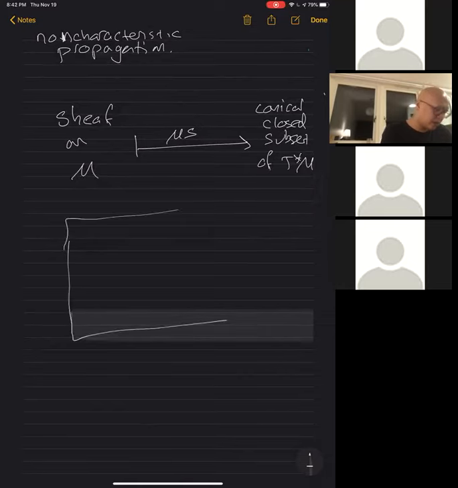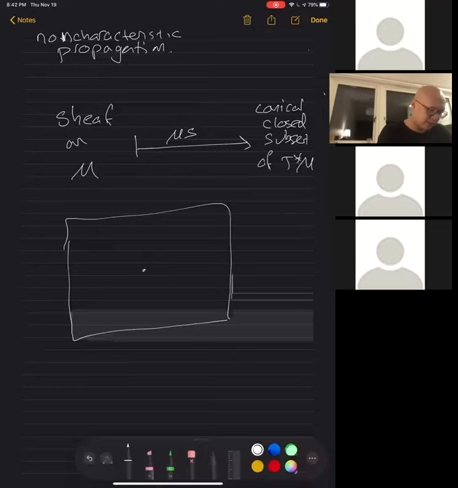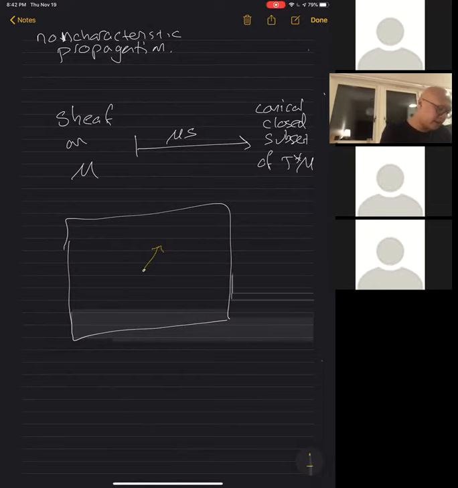Okay, so I have some point on M. And on this manifold, I have some sheaf that's going on. And I would like to know if some particular covector, let's say this one, is in the microsupport or not. So is it in the microsupport?